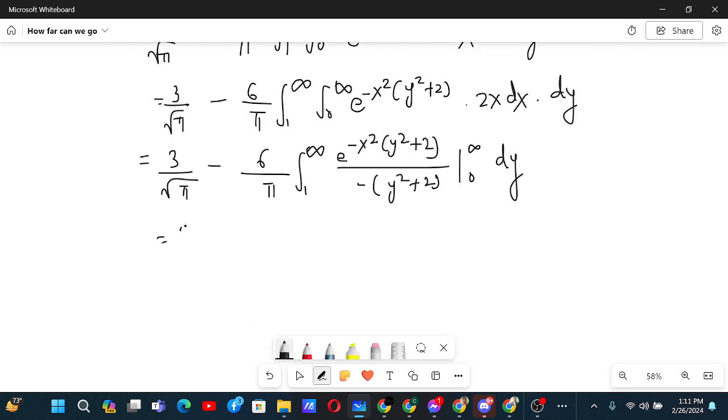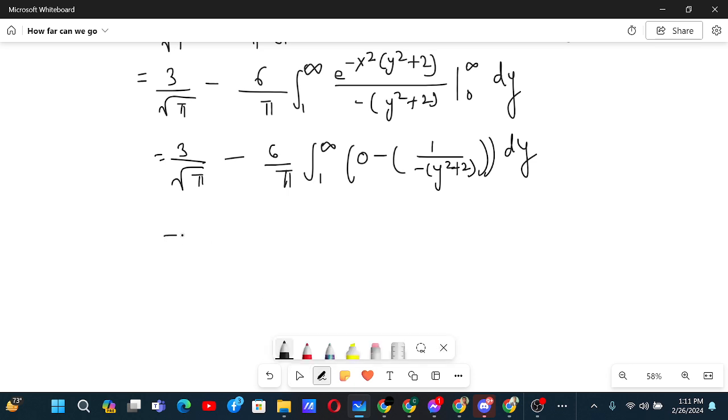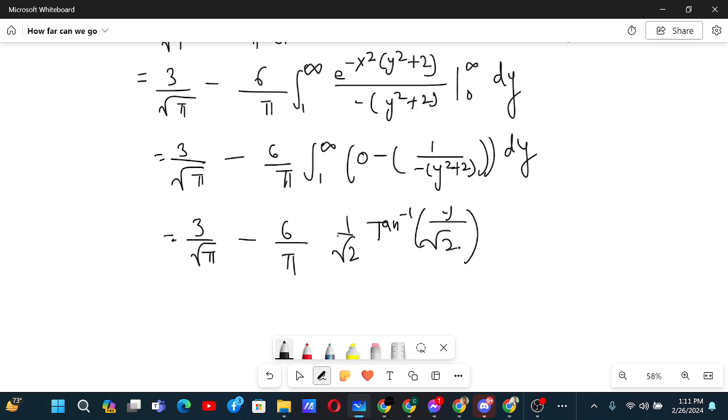Okay, so now if I evaluate this at infinity, it is just 0, minus at 0 this is 1 by minus y square plus 2 dy. Now minus minus will be plus, and we have 3 by root pi minus 6 by pi, 1 by root 2 tan inverse y by root 2. Is it? Yeah, and this goes from 1 to infinity.